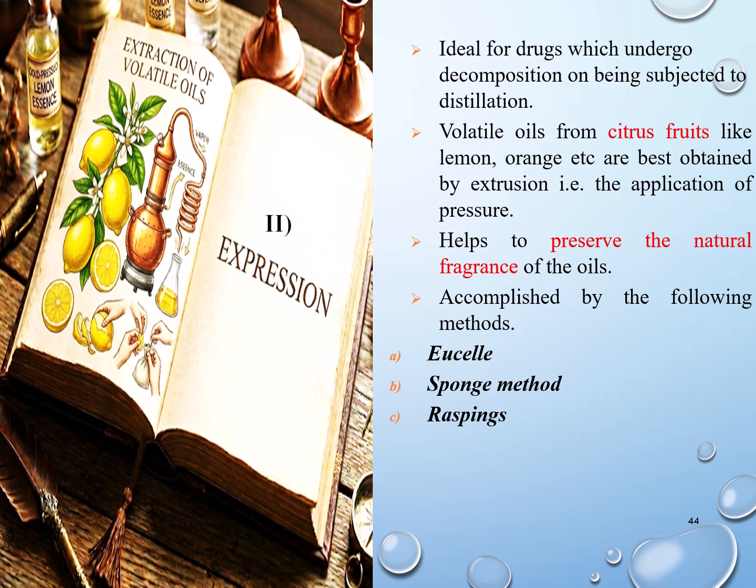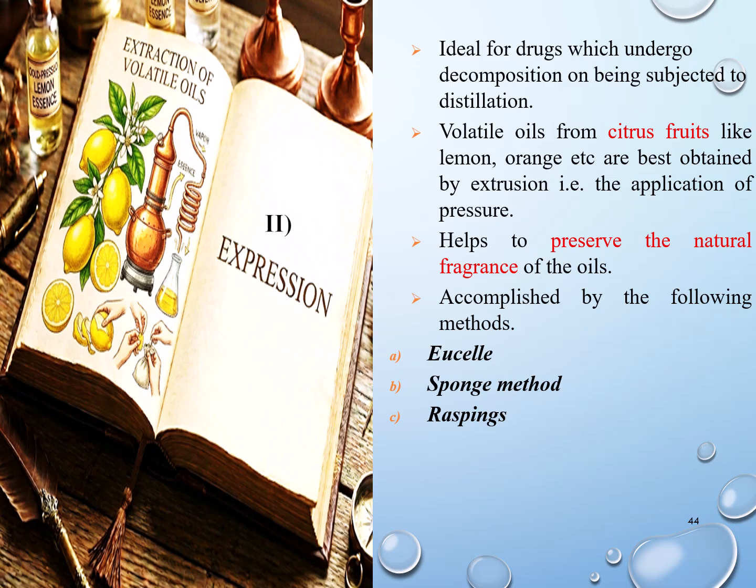So for those substances, we can use this expression method, and also for those plant materials which contain less amount of volatile oil. And this expression method is mainly used for the separation of volatile oil from citrus fruits like lemon, orange, etc. And by this method, we can preserve the natural fragrance of the oil.